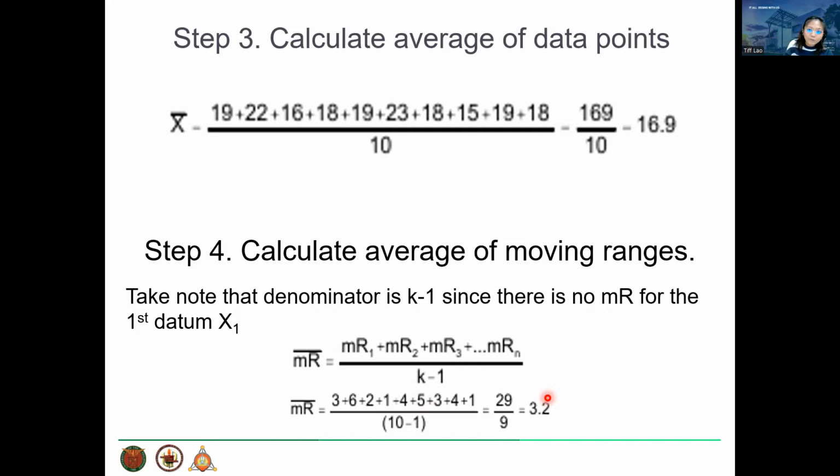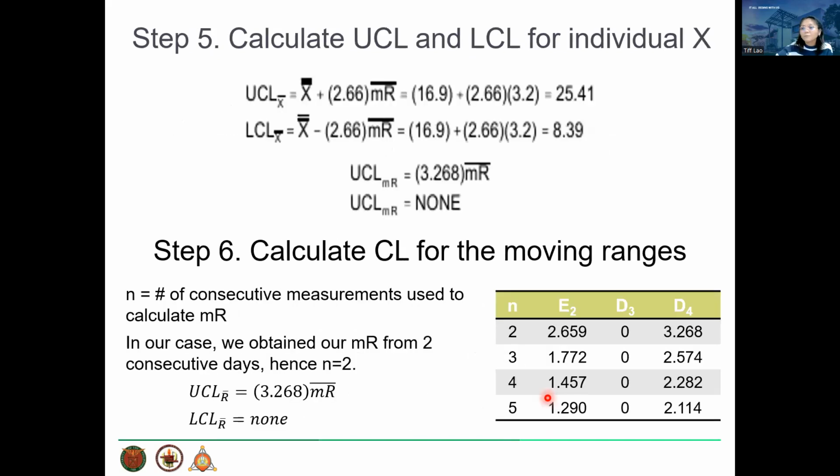Tapos, sa step 5, of course, pag nakuha natin yung mga values na yun, we're going to get the control limits. So, of course, we have the upper and the lower control limits. Tapos, okay, nakalimutan ko.